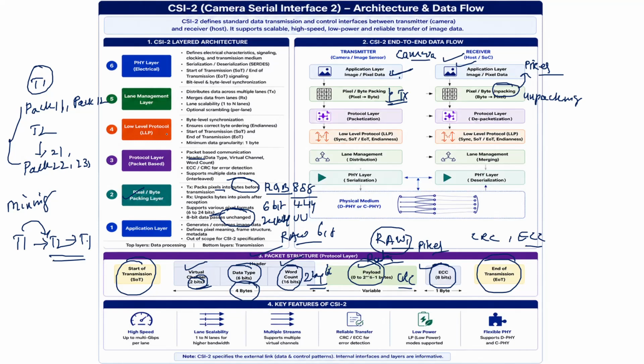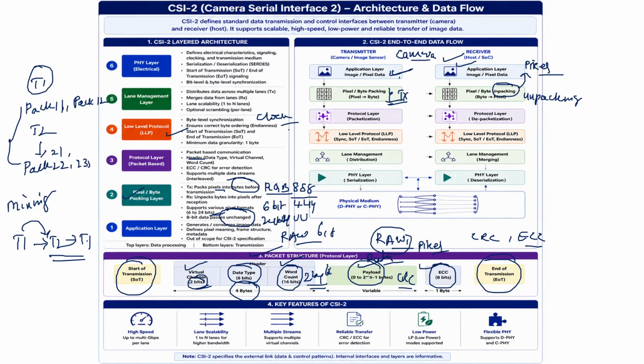And then the low level protocol layer, this will be handling byte level synchronization. That means whatever bytes we are receiving from the protocol layer, we check whether they are synchronized with the clock or not, and ensure that whatever correct data you are sending, that ordering is taken care of here.